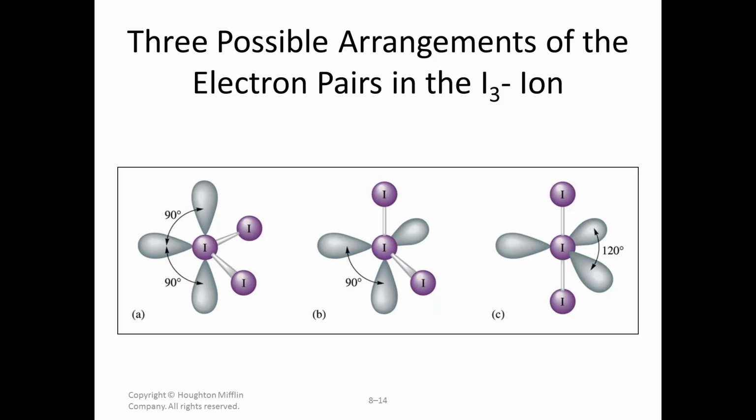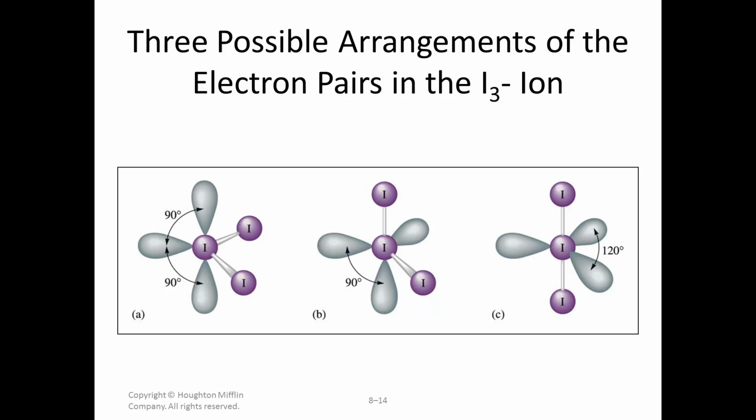So we have multiple arrangements for electron pairs in something like triiodide ion. In figure A, we have 90-degree bond angles between our lone pair electrons. In figure B, we still have 90-degree bond angles between our lone pair electrons.